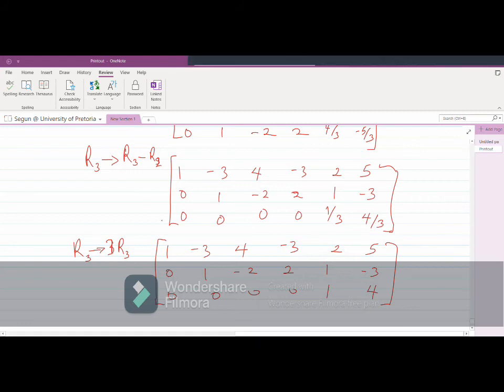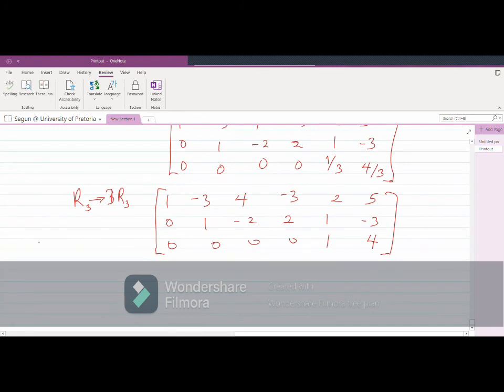Do you agree if I say, let me just put something there, I will see whether you agree or not. Do you agree that my row 1 can be 3 row 2 plus R1, and R2 minus R3?